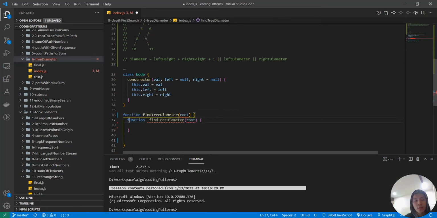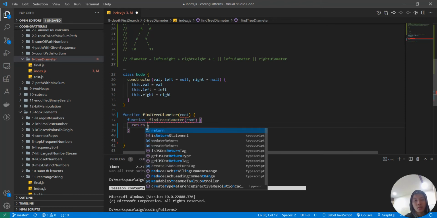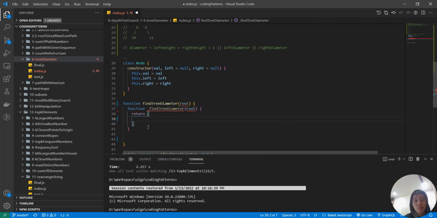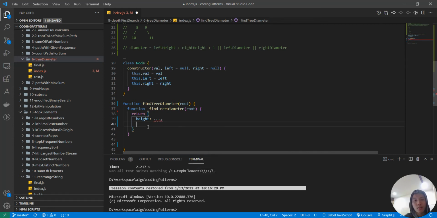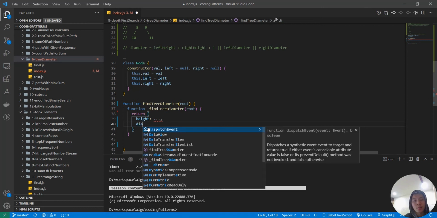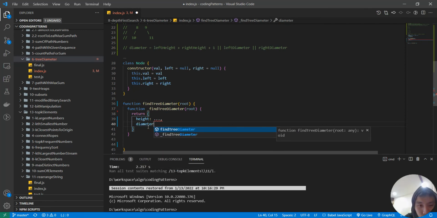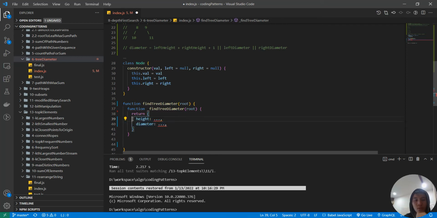This recursive function call must return two pieces of information, which is height, and its diameter. Don't know yet, but here are the two pieces of information.